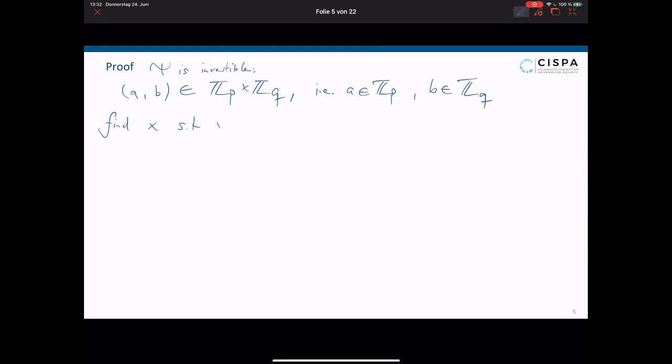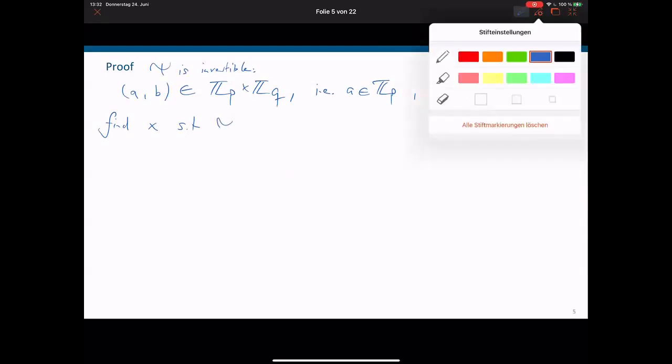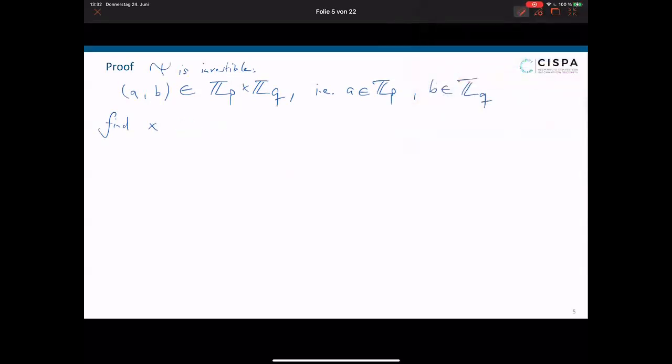Find x in Zn such that psi of x equals (a, b). Okay, that's what we have to show. And how can we do this? Well, we're not starting from 0.